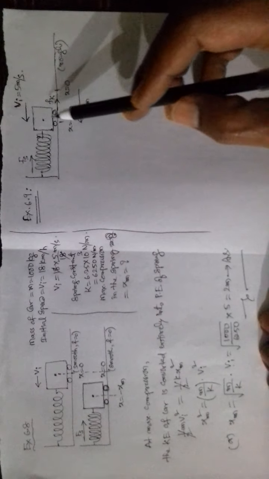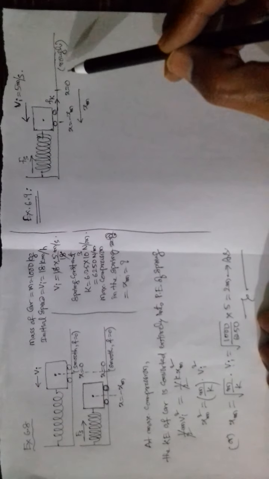Now let us go for the solved example 6.9. This is just a continuation of this. Here the car is moving on smooth surface, that is frictional force is 0. But here the car is moving on rough surface, frictional force is not 0.